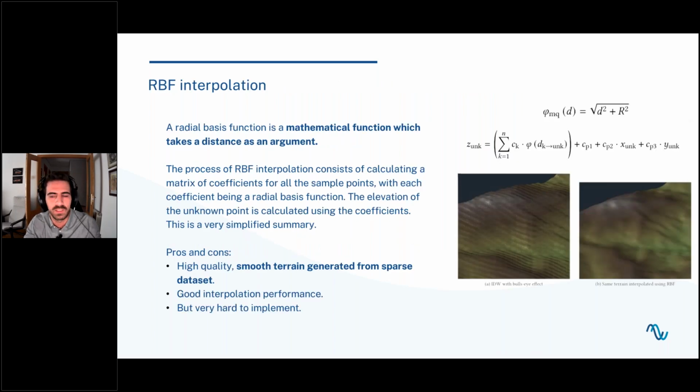The mathematical explanation behind it is way more complicated than inverse distance weighting. A radial basis function is simply a mathematical function which depends on the distance to something. So there on the upper right, you can see the radial basis function used in pvDesign, which is the square root of the distance squared plus a fixed parameter r.